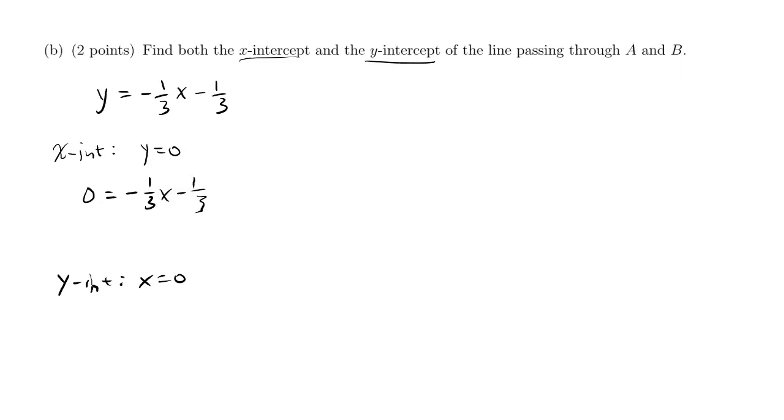Anytime you have a fraction, multiply by the denominator or all the denominators so you can get rid of the fraction. Okay. So in this case, they're both 3, so I'm just going to multiply everything by 3. Now, if you multiply by 3, 3 times 0 is 0, so that doesn't change. 3 times 1/3, 1/3 and 3 cancel, so you just have -x. 3 times -1/3, again 1/3 and 3 cancel, and you get -1.